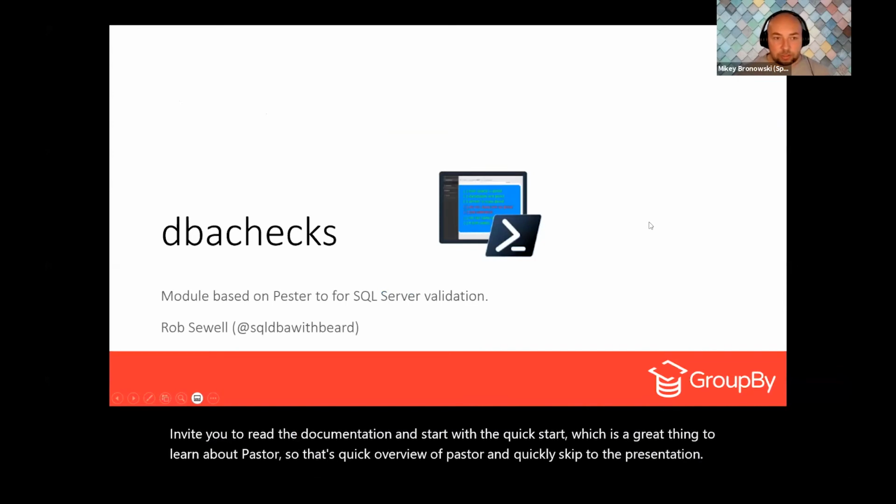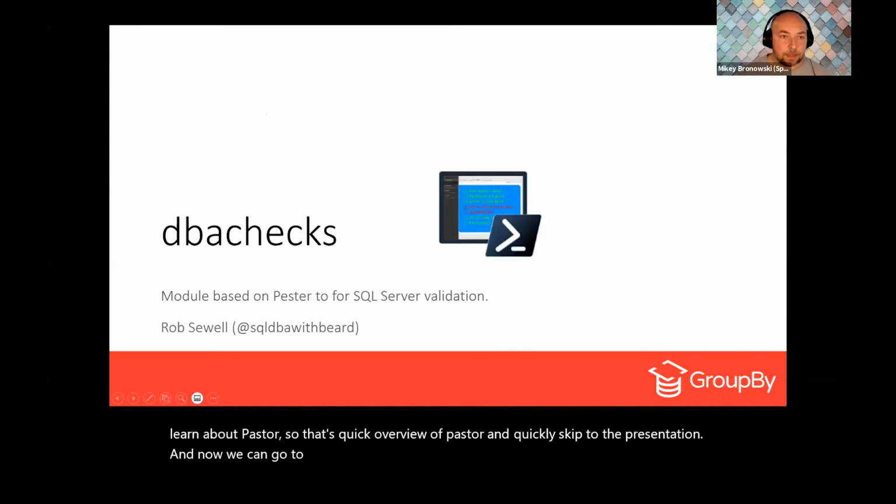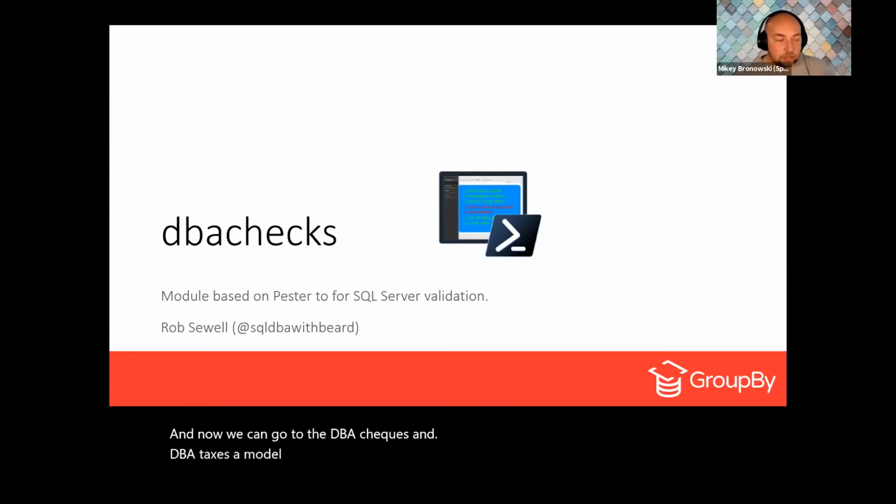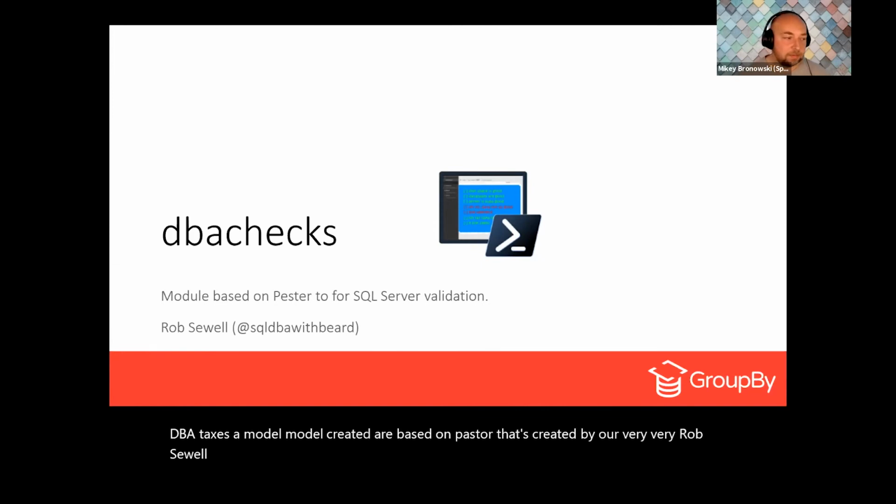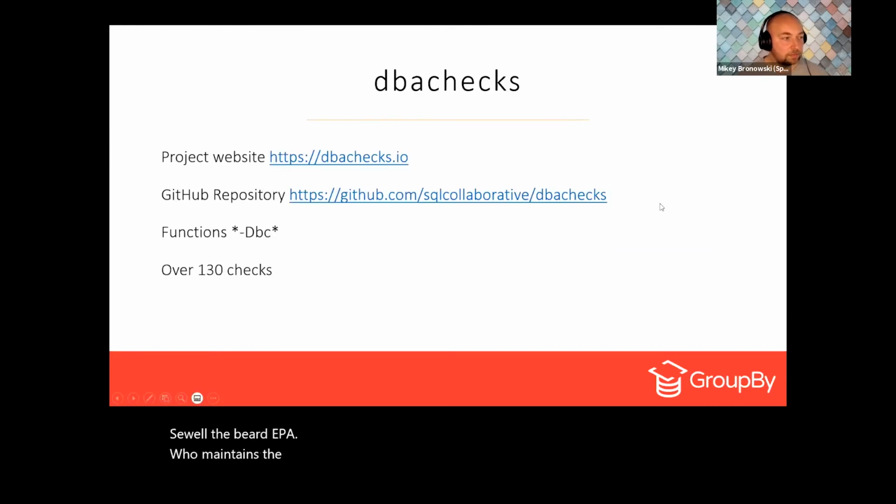And now we can go to dbachecks, which is a module created based on Pester. It's created by our very own Rob Sewell, the bearded DBA, who maintains the project. And the project website is dbachecks.io.